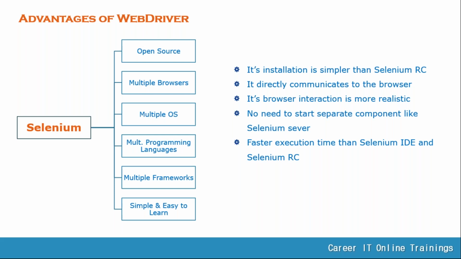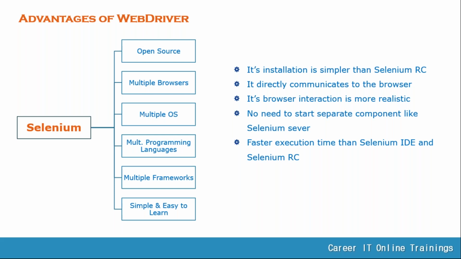Another important thing is that it supports multiple operating systems. Suppose you have written Selenium scripts on a Windows machine; the same scripts can be executed on other operating systems like Linux, Unix, or even Apple Mac OS.